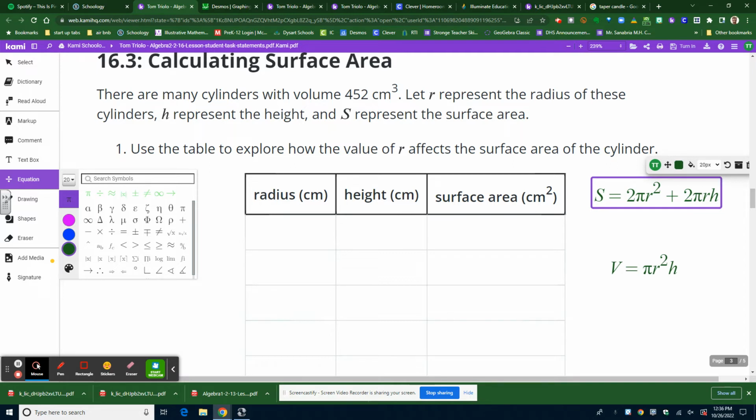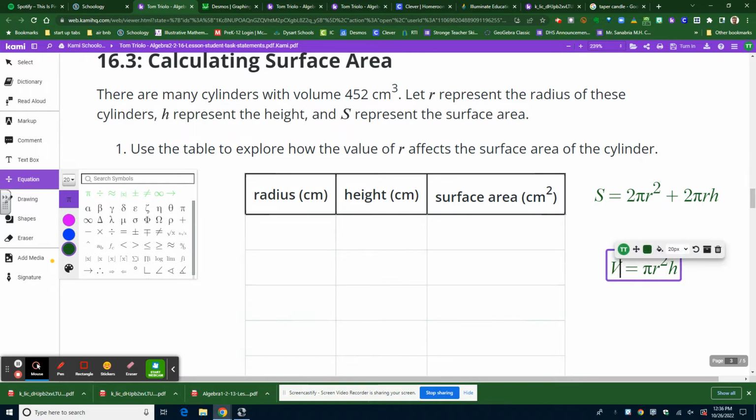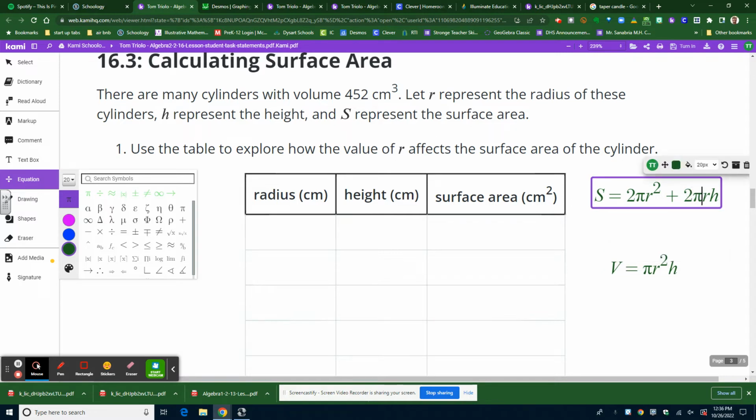Okay? So what we need to do is make this kind of like this. So what do we have to do to the pi r squared h to get 2 pi r h? Take a minute so you can figure that part out. So one more time. Here's the question. What do I need to do to the pi r squared h to make it look like 2 pi r h?